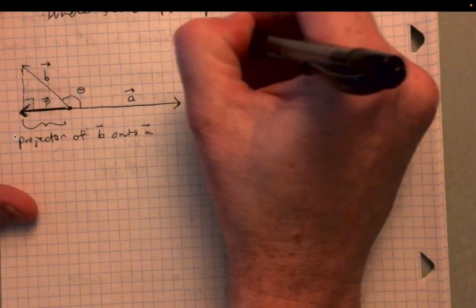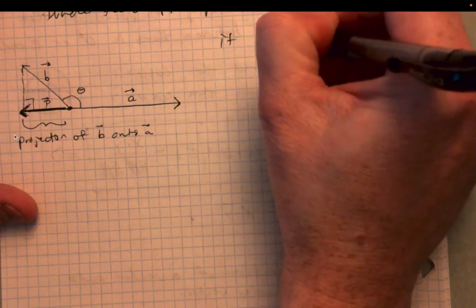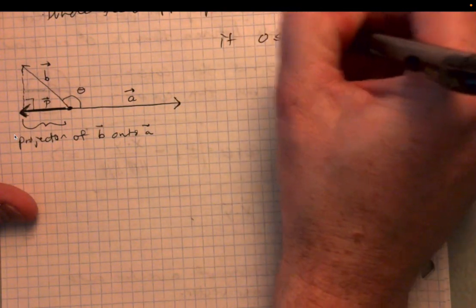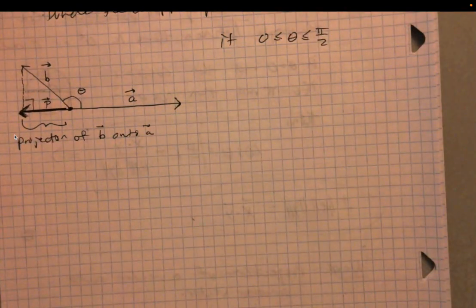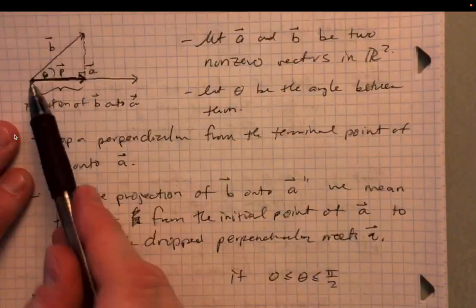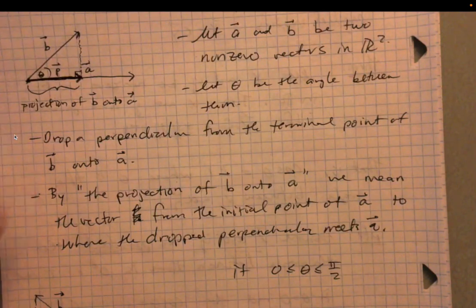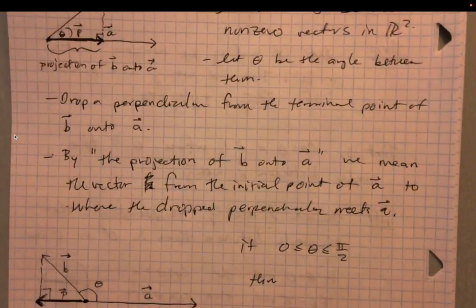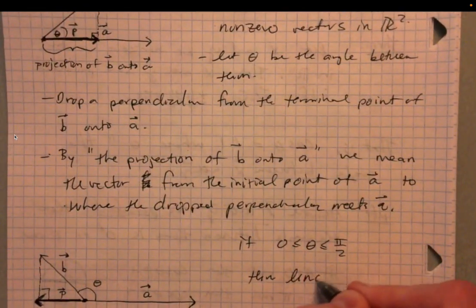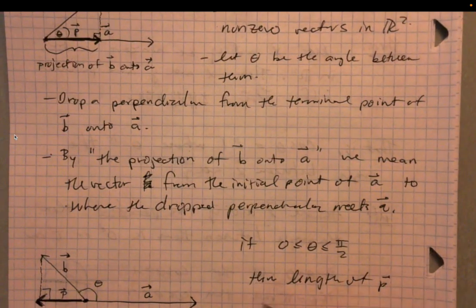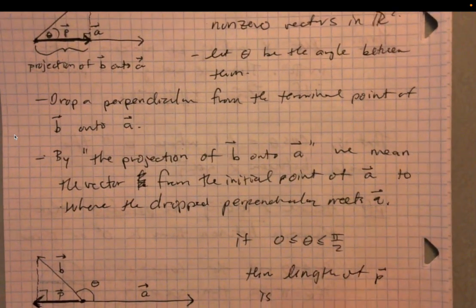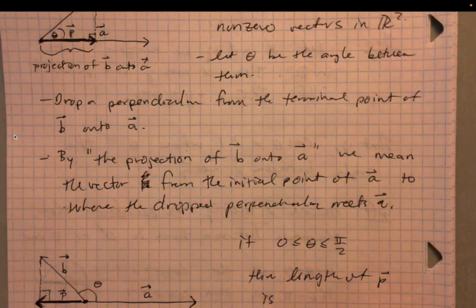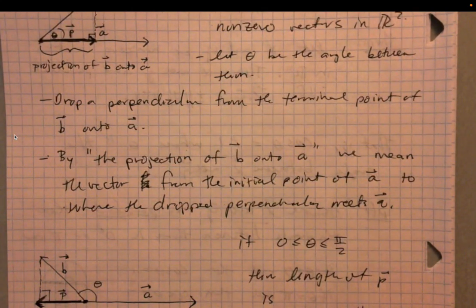So if theta is between 0 and pi over 2, then the length of the vector P is easy to deduce. The length of P, i.e. the norm of P, is going to be equal to B times cosine of theta.